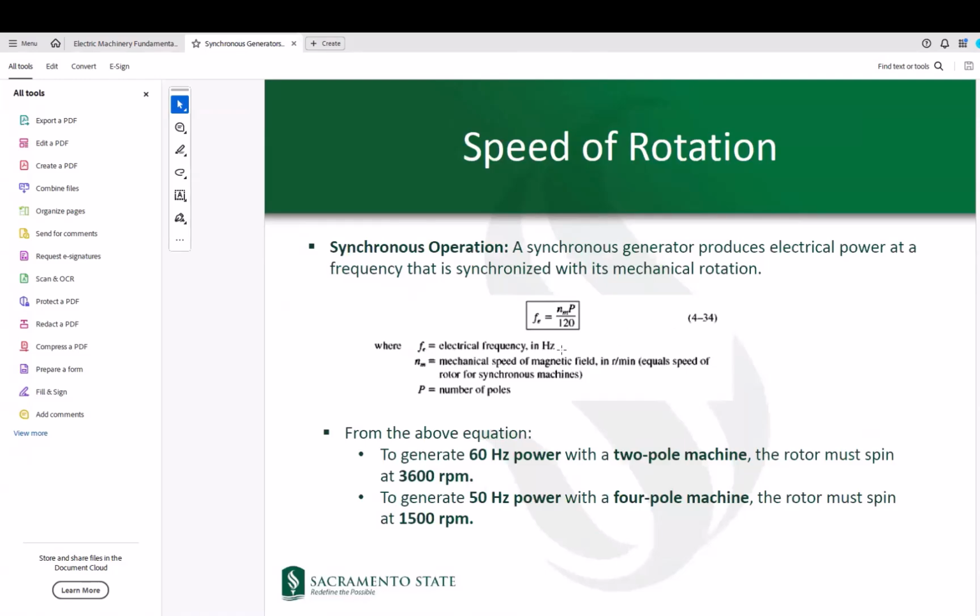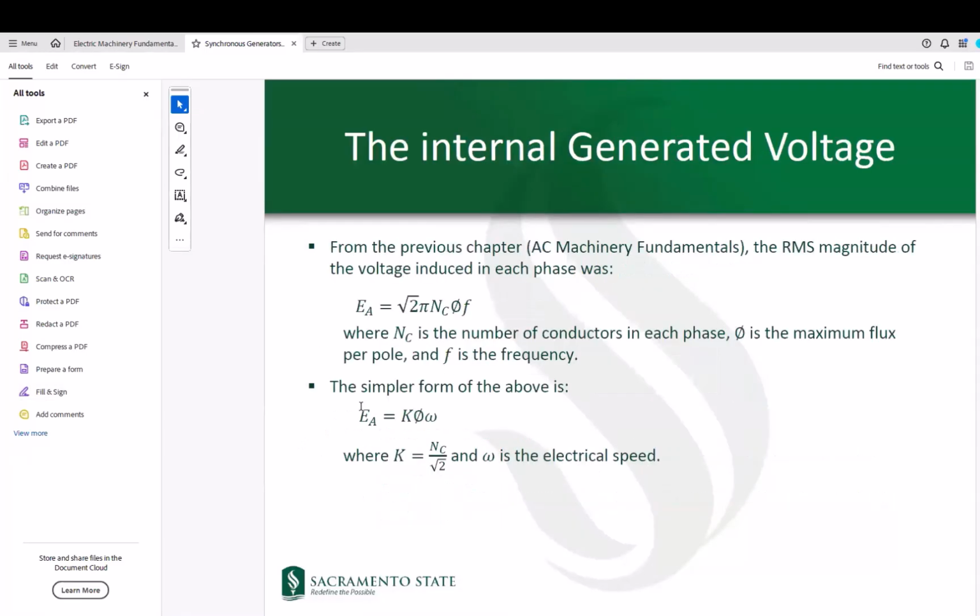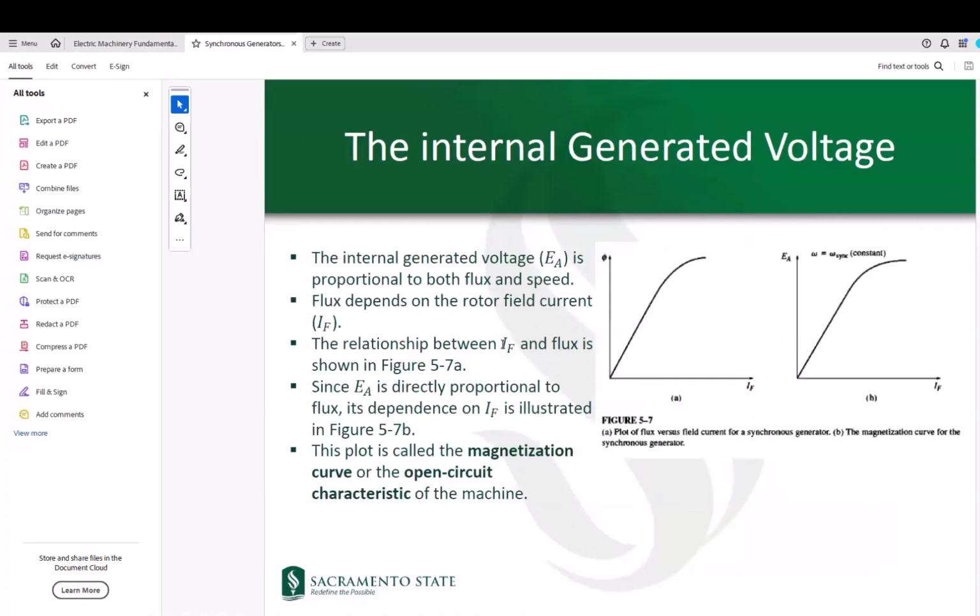And then we talked about the relationship between the number of poles and the frequency of the system. And also we talked about how much voltage is going to be induced in the armature, and the curve associated with the internal generated voltage under no load conditions.